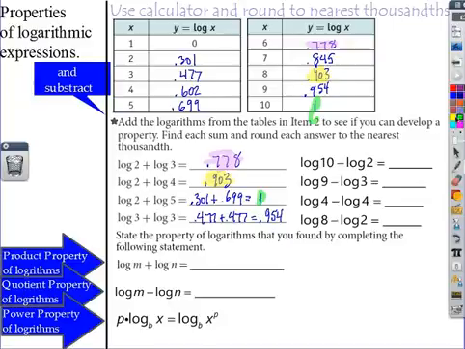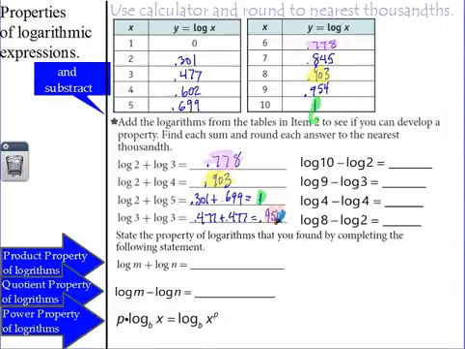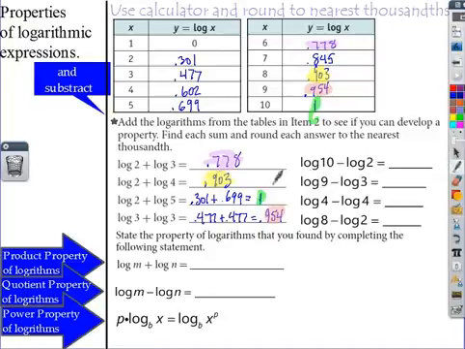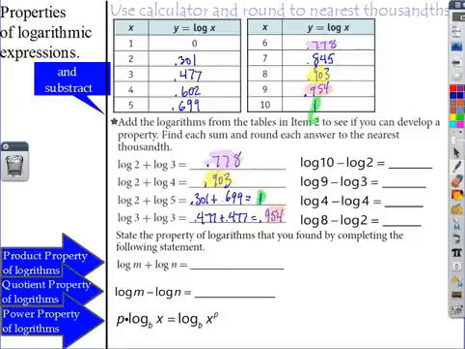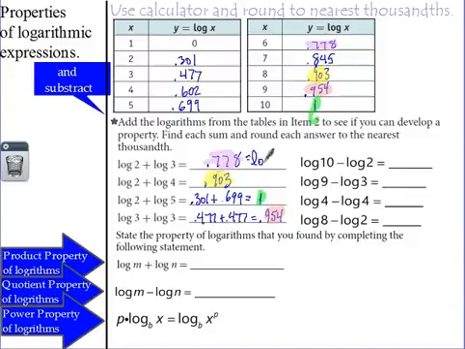And log of 3 plus log of 3 is equal to the log of 9. So what is going on here? The log of 2 plus log of 3 is equal to log of 6. So that's what we can actually say here. We actually say that this is equal to the log of 6. This is equal to the log of 8.